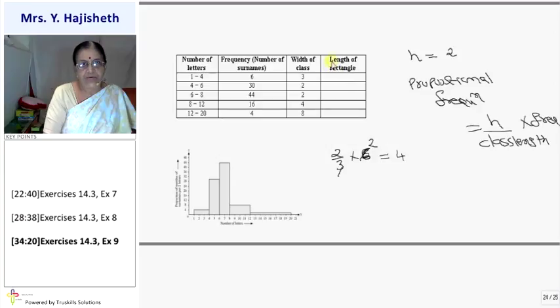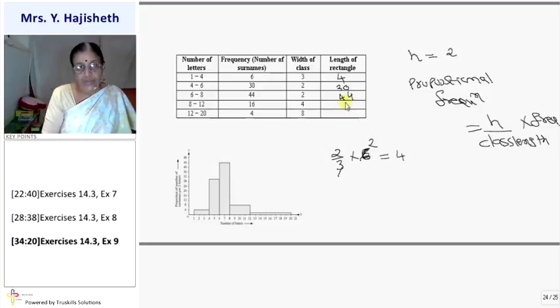इधर आएगा 4. सेम वे इधर इसका वही रहेगा जो है वही. क्या है? 30. So it will remain 30. क्लियर? थर्ड का क्या है? 2. सेम ही रहेगी. क्या रहेगी? 44. क्लियर? इसका विड्थ क्या है? 4 है.